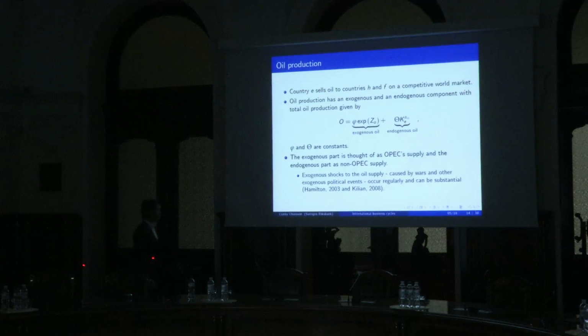And this has been documented by both Hamilton and Kilian, two authorities in this field. So this is where our so-called oil shocks enter. There's a war somewhere and that affects the oil supply, the exogenous part of the oil supply.